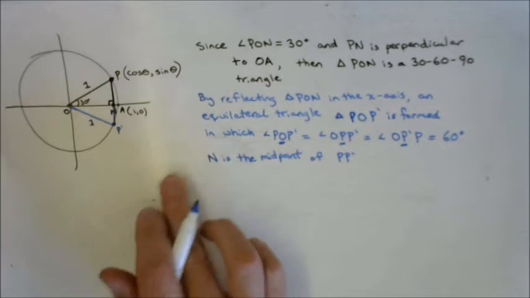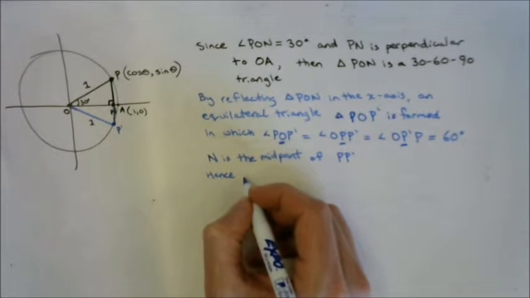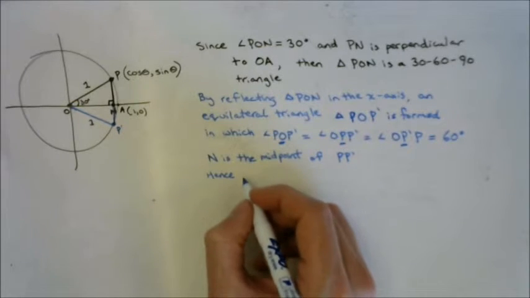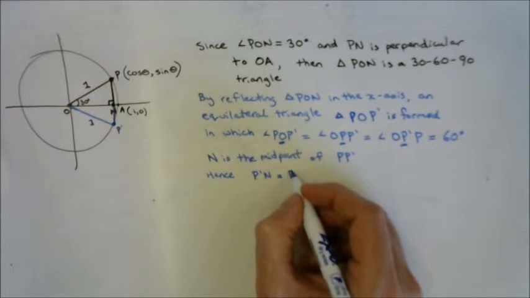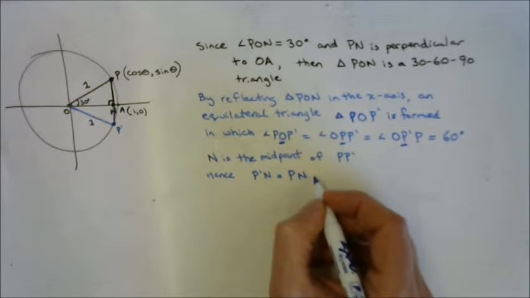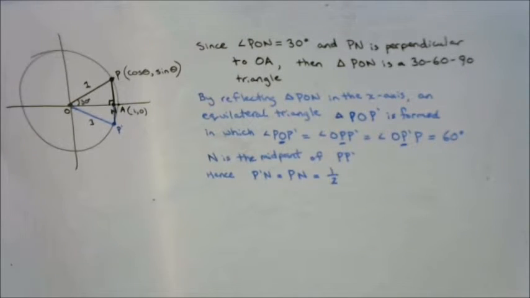Hence, P prime N equals PN equals 1/2. Now how did we get to that?